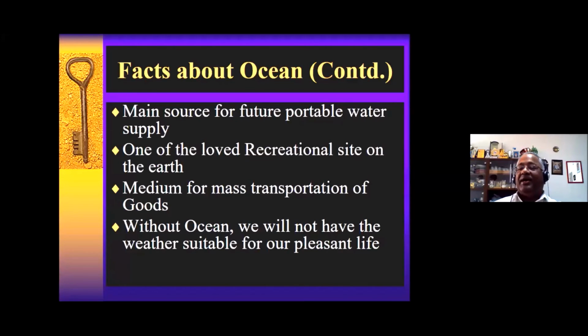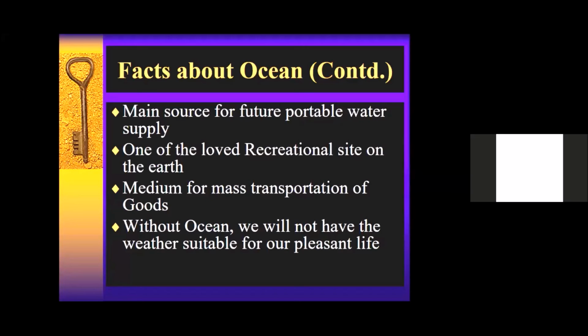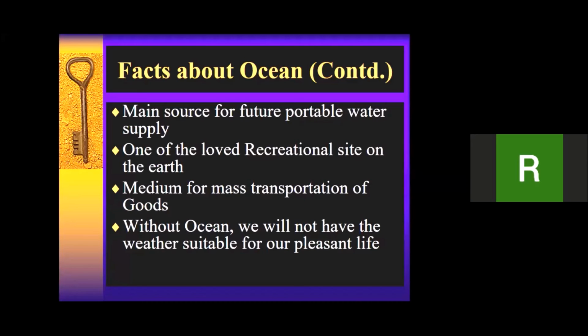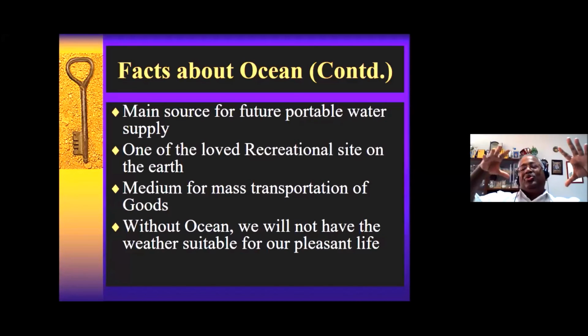Okay. Other important thing is, ocean is like a refrigerator, an air conditioner. First thing is, ocean is like an air conditioner for the whole earth. It is a huge air conditioner, because the average temperature of ocean is only 4 degrees centigrade.